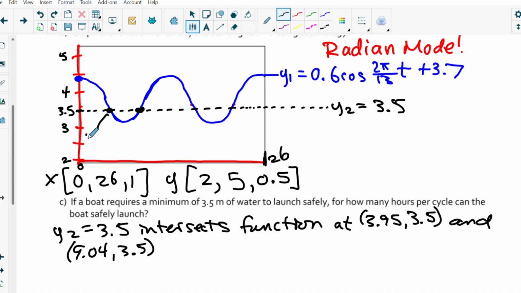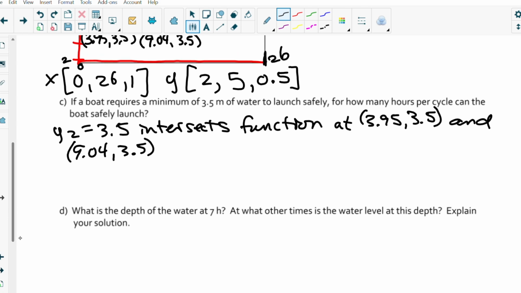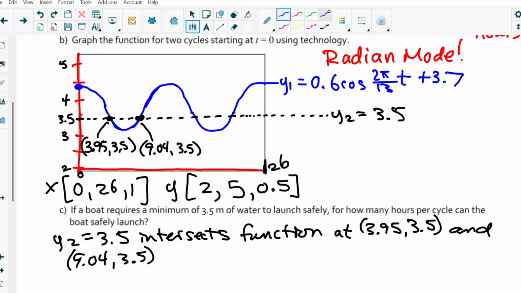So this is 3.95, 3.5, and this is 9.04 comma 3.5. Okay, and I'm just going to look at one cycle. It says per cycle, right?